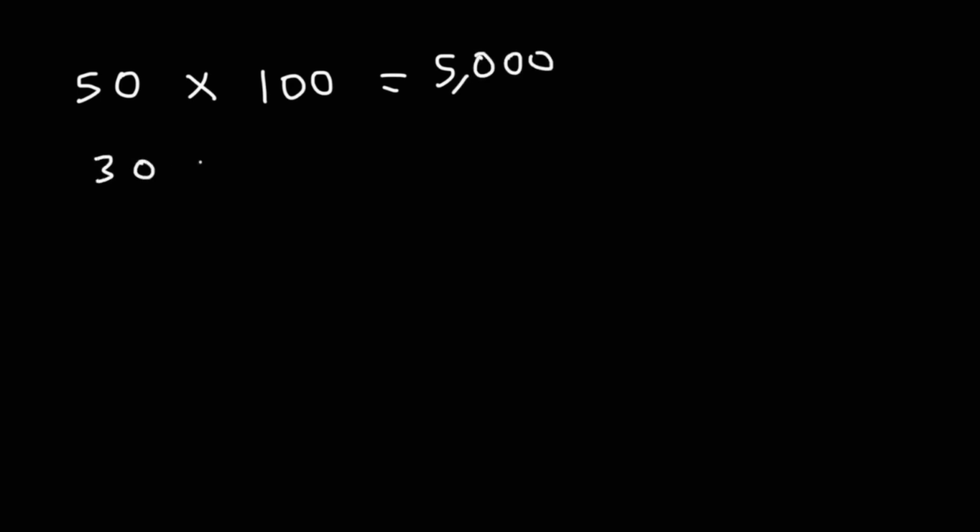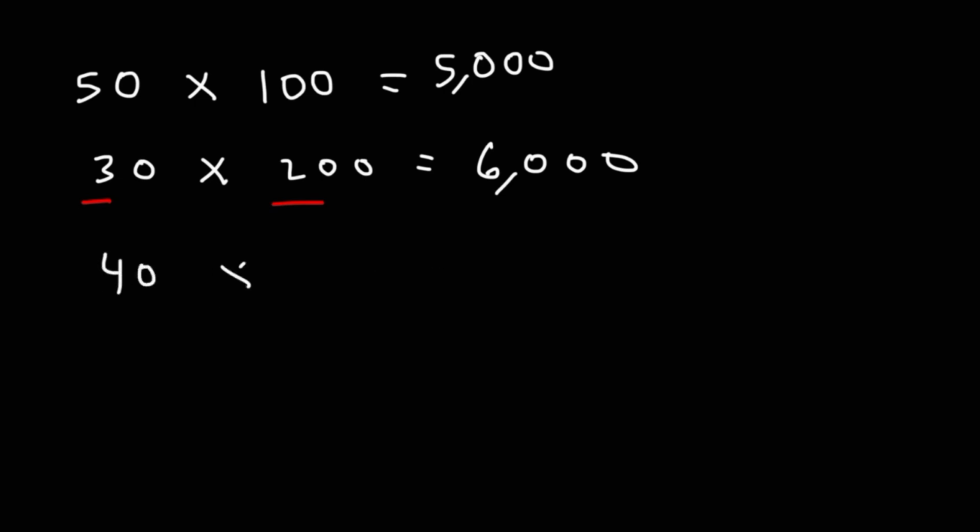If we want to multiply 30 by 200, I would multiply 3 by 2, that's 6, and then write the 3 zeros. So the answer is 6,000. Now if I want to multiply 40 by 600, this will be 4 times 6, which is 24, and then add the 3 zeros. So the answer is 24,000.